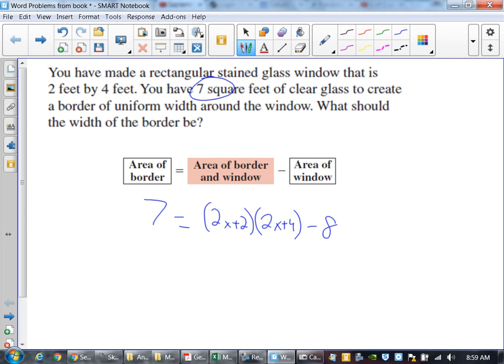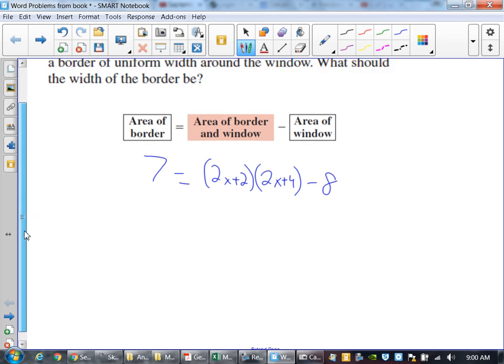Distribute. You can distribute, okay, or what else could you do? That's pretty sweet, actually. So, watch what I would do here to make it easier to figure out what my value of x is going to be.